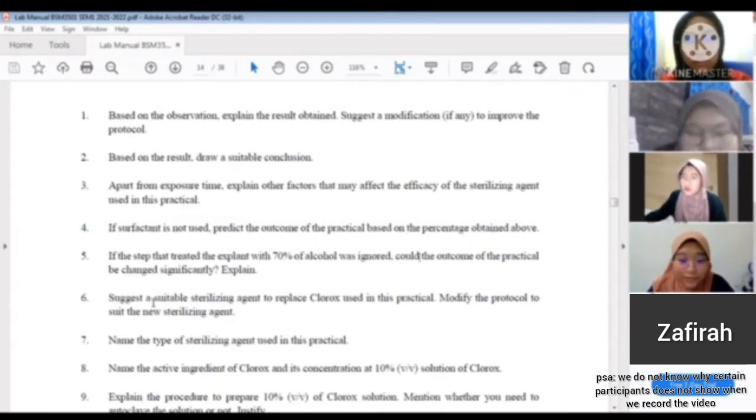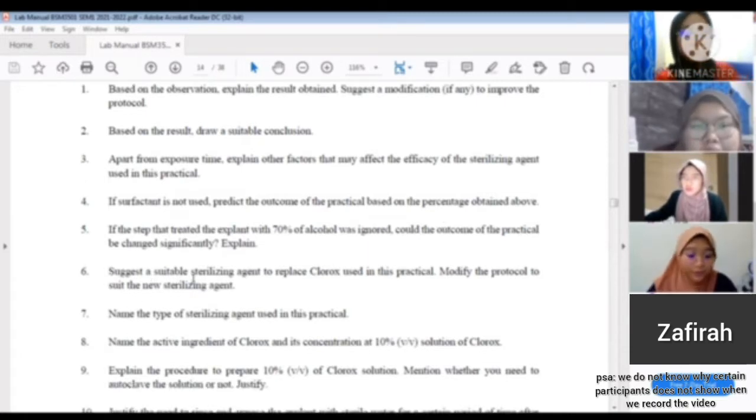So the next question, number 6, suggest a suitable sterilizing agent to replace Clorox used in this practical. Modify the protocol to suit the new sterilizing agent.